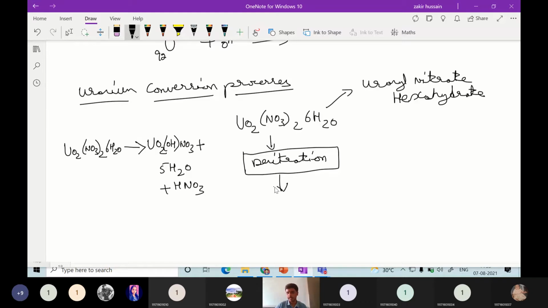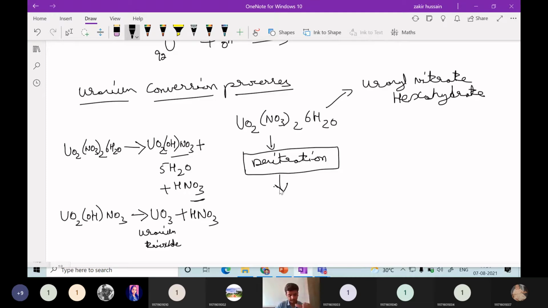For each step in the denitration, one molecule of nitric acid will be released, and further this uranyl nitrate will undergo further denitration. UO2(OH)NO3 will undergo denitration by liberating one molecule of uranium trioxide, UO3, along with one molecule of nitric acid, HNO3.